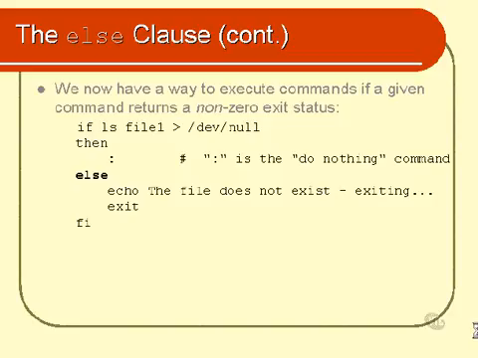The do nothing command in Unix is just colon. Colon by itself is actually a Unix program. It does nothing at all. Pretty similar actually to the true and false programs. They do nothing at all as well. So if you like, we have an empty first half of the if statement, and we put what we want to do into the second half of the if statement, into the else clause.